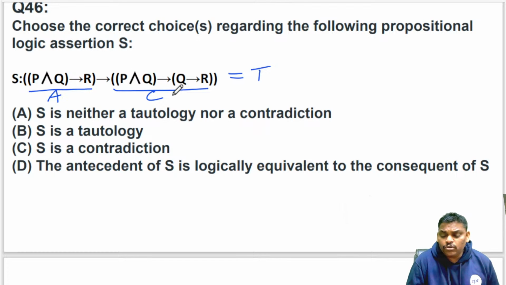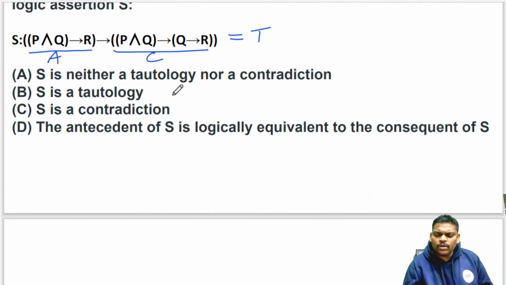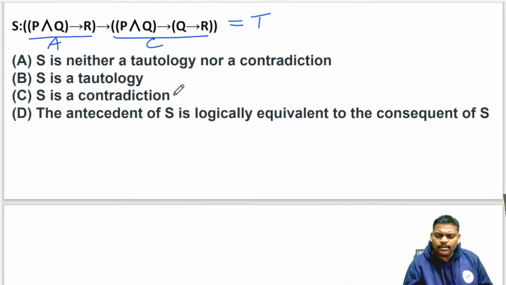So how are you going to do it, truth table or the normal process? If all are true, then it is a tautology. If all are false, then it is a contradiction. Instead of thinking that much, you can go to the truth table. There is nothing in that.